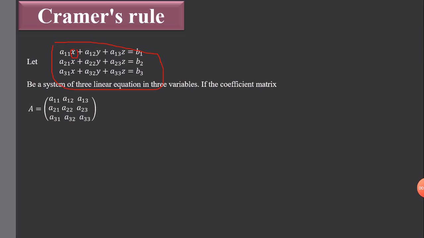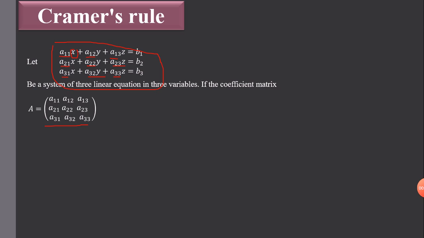For example, the coefficient of x here is a11, so we're just getting these coefficients and writing them in a matrix form. If we take out these coefficients, they will form this matrix A.